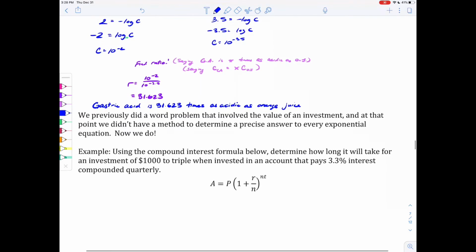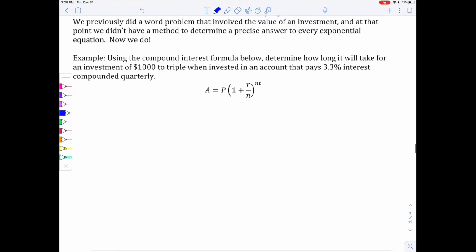Anyways, once upon a time we did a word problem that involved a value and investment, and we used some guess and check to actually get a final value. The question was how many years does it take to double this particular investment? And we tried out values and we slowly honed in on the answer. Now that we can play with log laws and we can evaluate logs, we can do this a bit more quickly, or a bit more exactly, precisely, and accurately is what I should say.